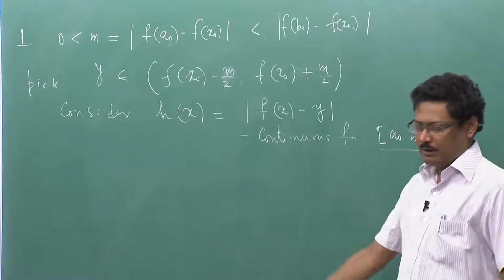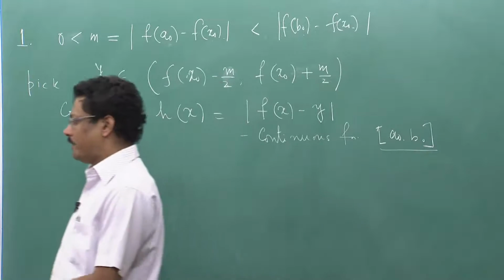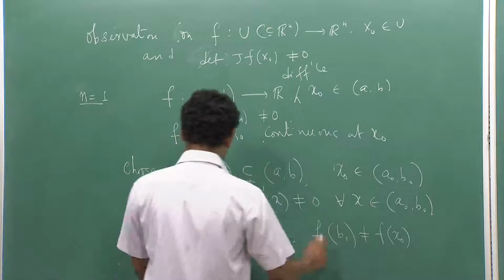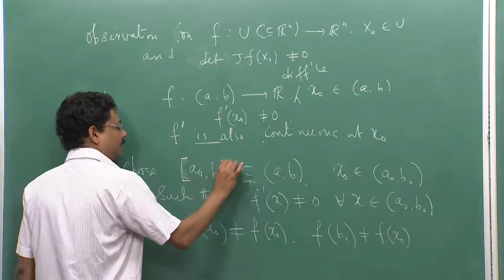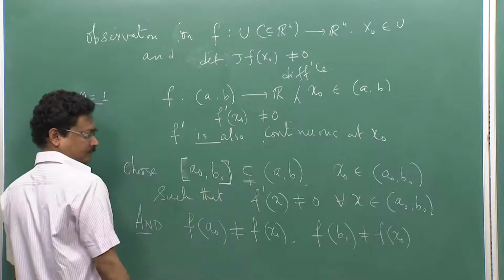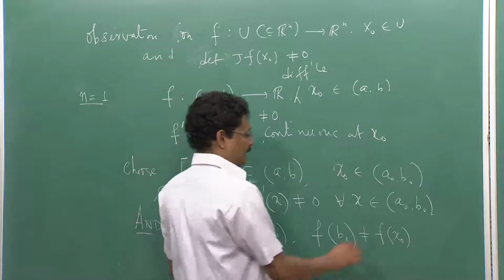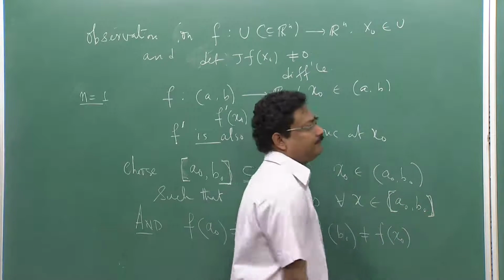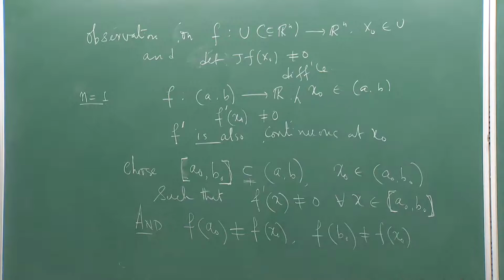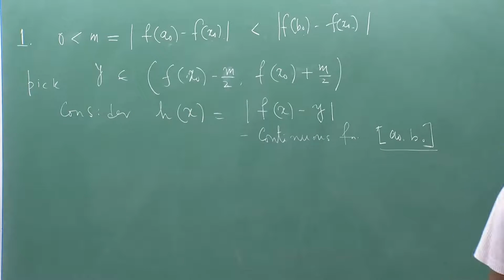I can choose a naught b naught in such a way that the closure of a naught b naught is also inside this. So maybe I should have written here this and this. I can always do that.